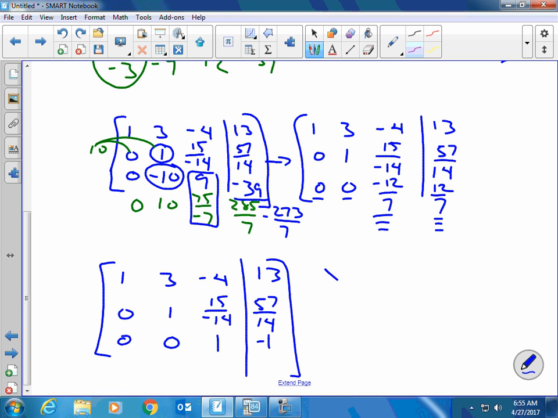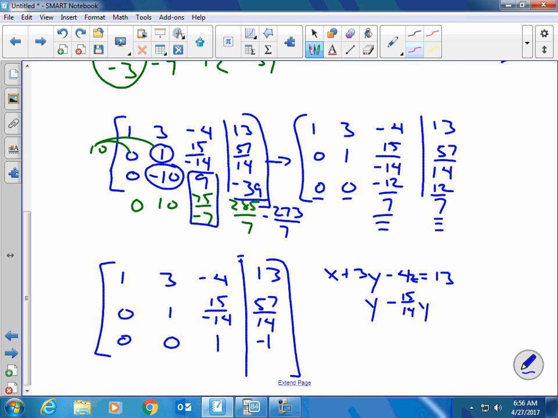Our next step is to convert this back into a system of equations. And on the first line, I have 1x plus 3y minus 4z equals 13. Remember, this is my implied equal sign, or the place where the equal sign goes. And I get y. I can put that negative sign wherever.